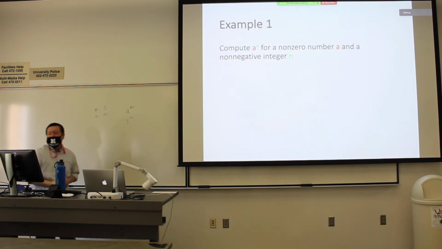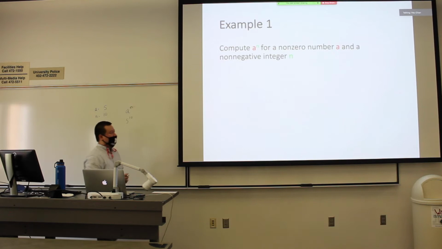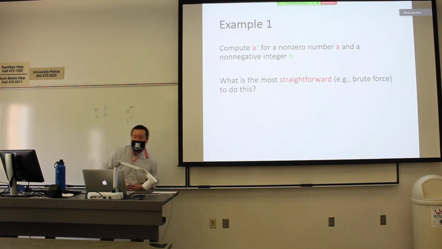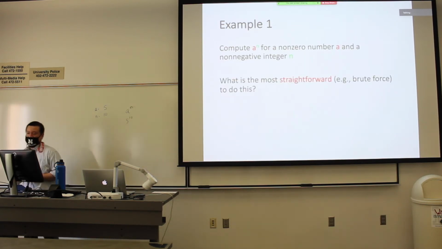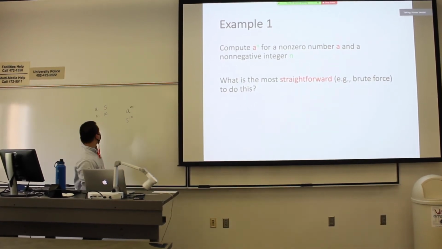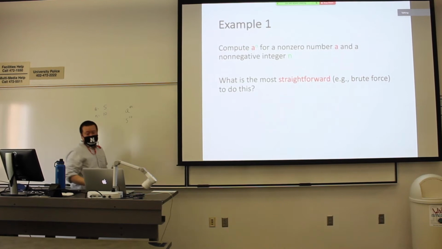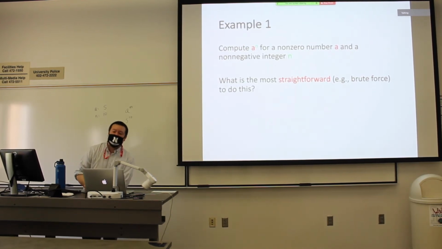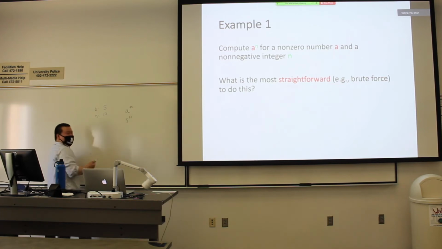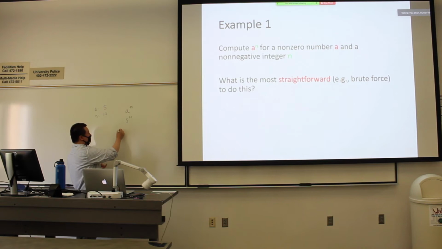So what is the most basic way of computing this? Multiplying a by itself 10 times. Yeah, so the most brute force way to do it is just do it straightforwardly.